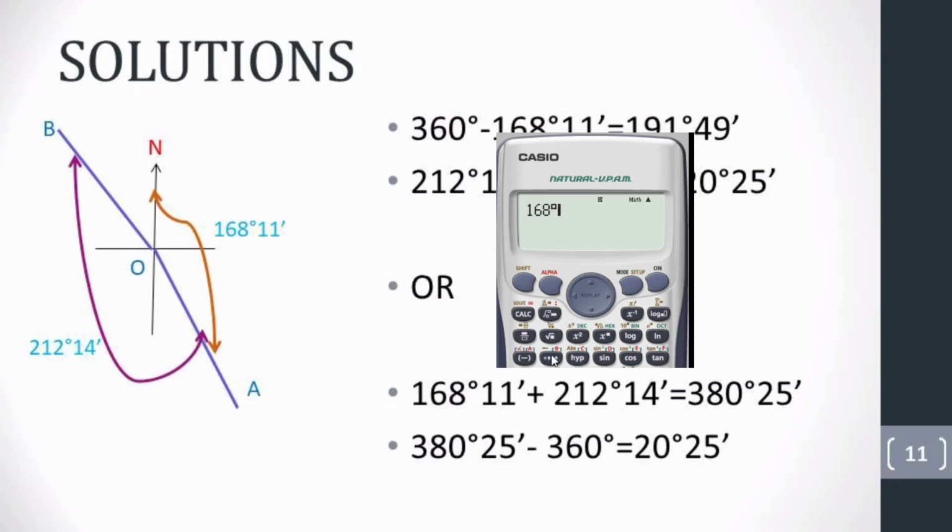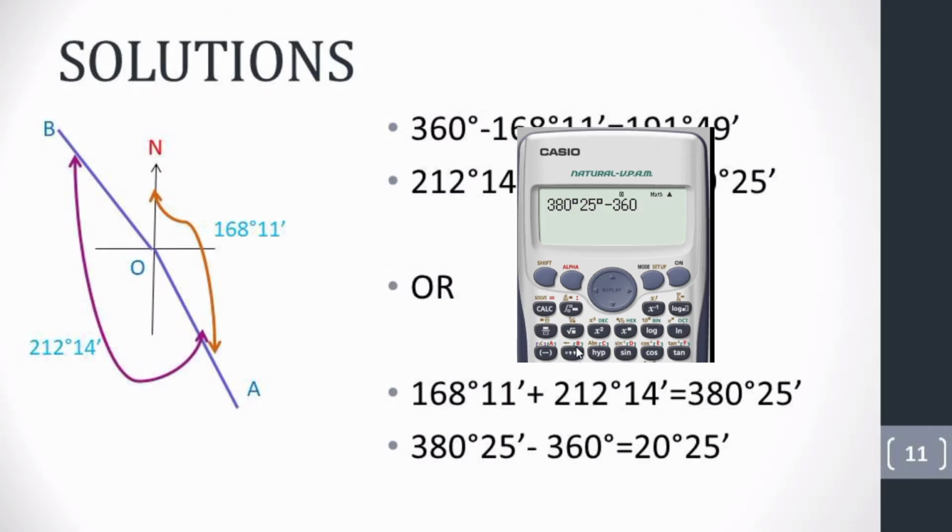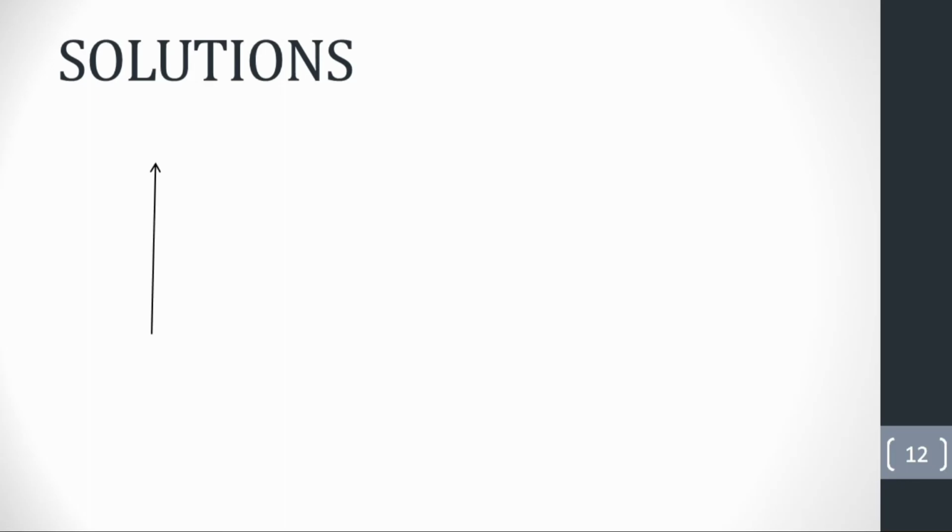Or the other simplified formula: you add the bearing and the internal angle, and after getting your total answer, you subtract 360 degrees, getting our final answer as the same. We can go ahead to the next solution.